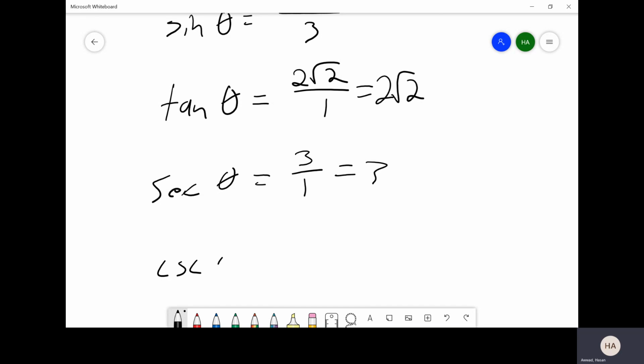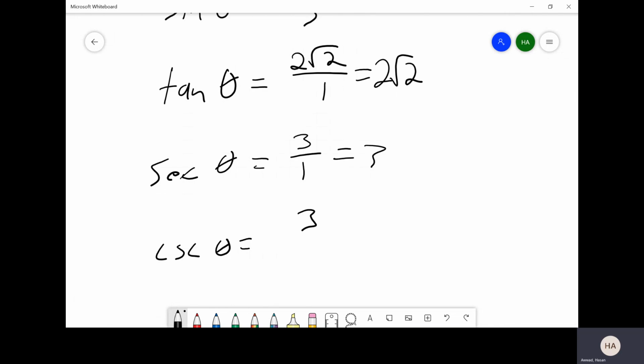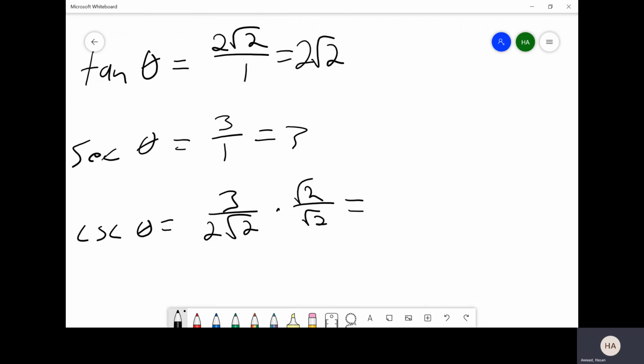So cosecant of theta is the sine of theta, but just flipped. So it should be 3 over 2 square root of 2. Remember, we do like to go ahead and rationalize things. So I'm going to multiply both top and bottom by square root of 2. When I do that, I'm going to get 3 square root of 2 up top.